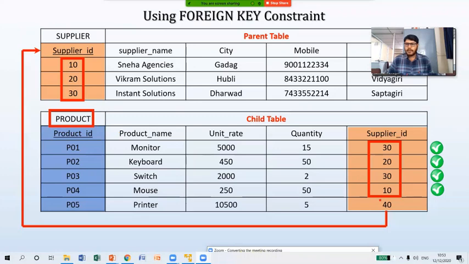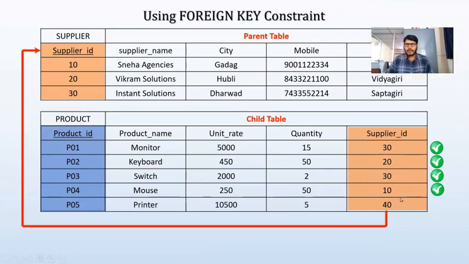But when it comes to the 40 value, which is not available in the parent table, what happens? It will deny this particular record from being inserted in the product table. So this is how the foreign key constraint is going to work.